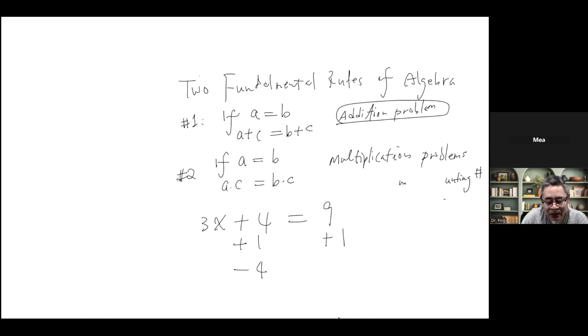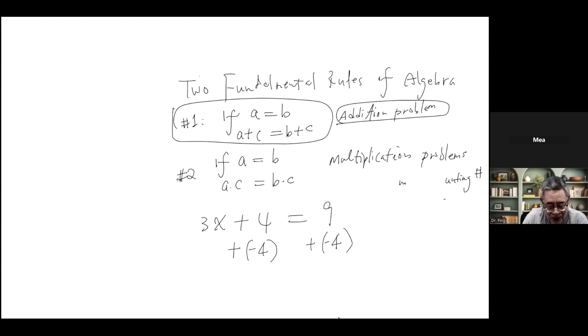But realize that we have negative numbers. So we can turn the subtraction into addition, except now we're adding negative numbers. So we can just use one rule to cover both addition and subtraction. In the ancient times, they had to use two rules, but now we're just putting it at one.